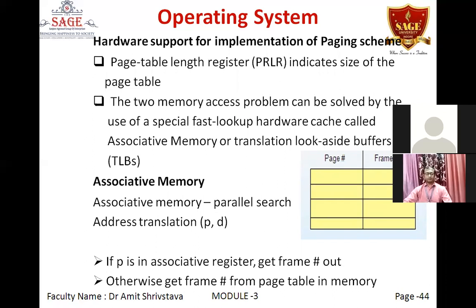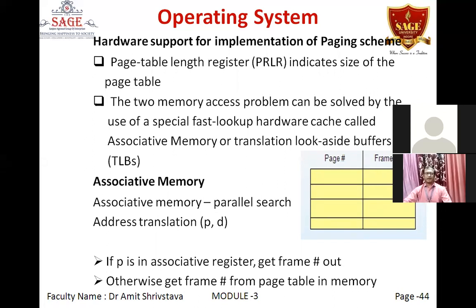But now, with the paging scheme, the page table is also present in main memory. The logical address is in the form of page number and offset within that page. This page number has to be searched in the page table, which is present in main memory. So one memory access is required for accessing the page table so that we can get the frame number.